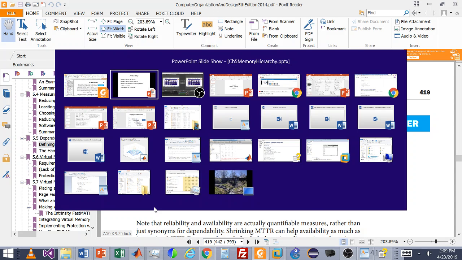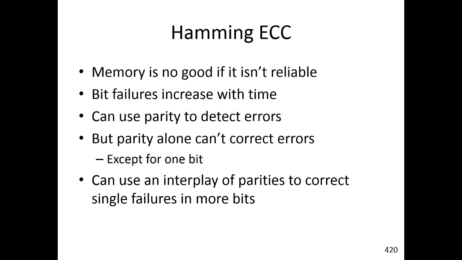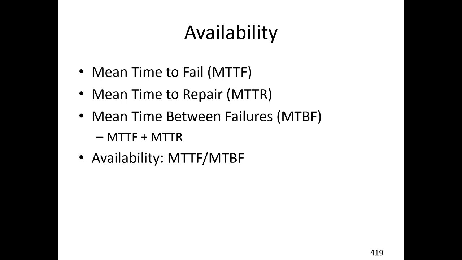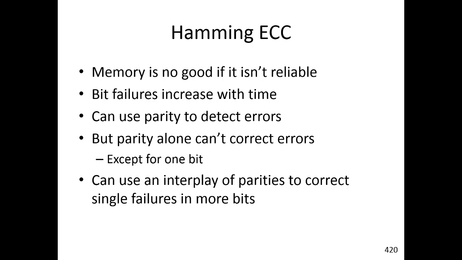Let me go back there now. Talking about errors, this is also useful: how do we detect and how do we correct errors? Appendix B talked about parity. I didn't touch on it, and I might add that at a future date. With parity, you have even or odd parity.